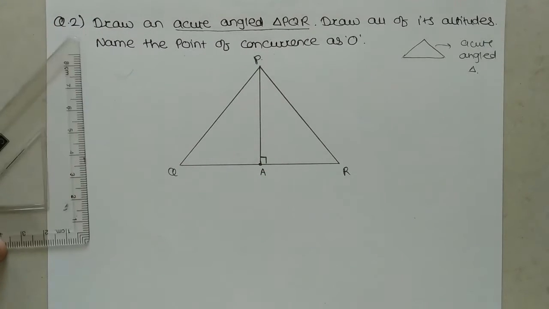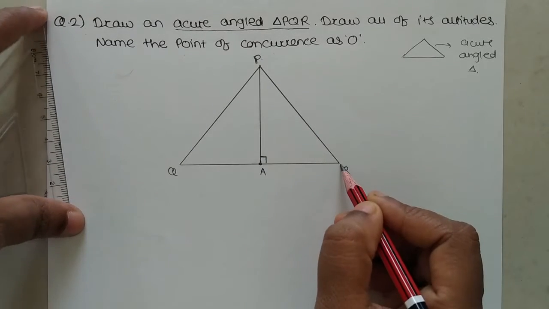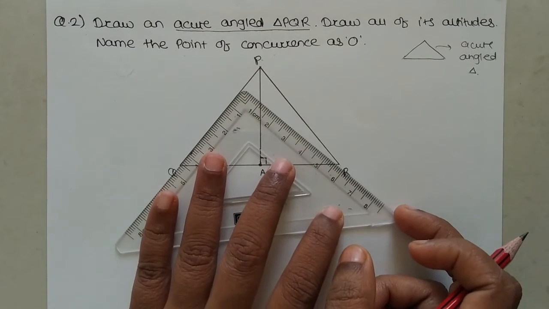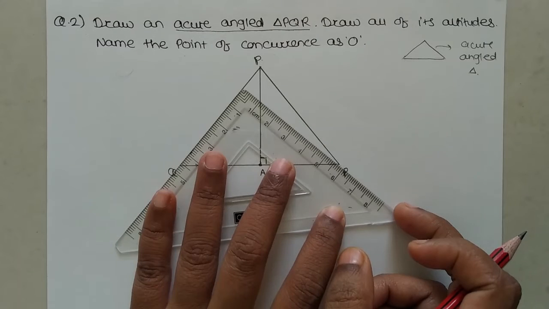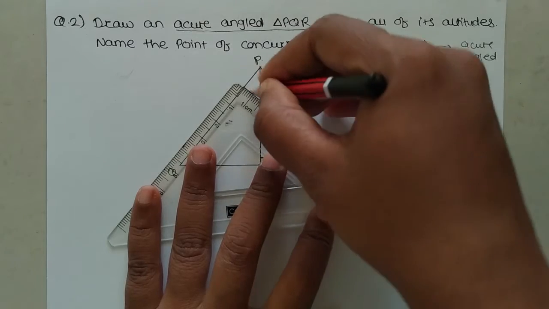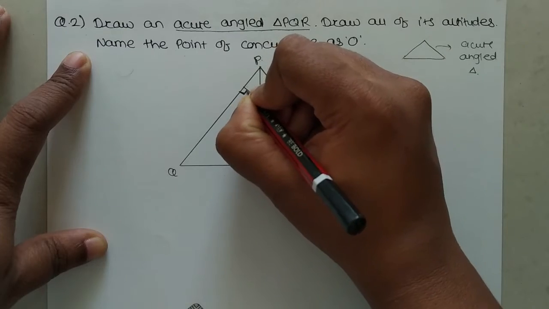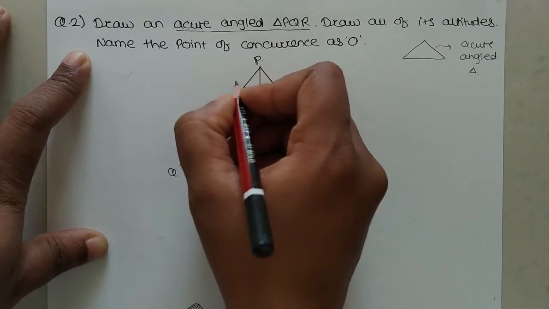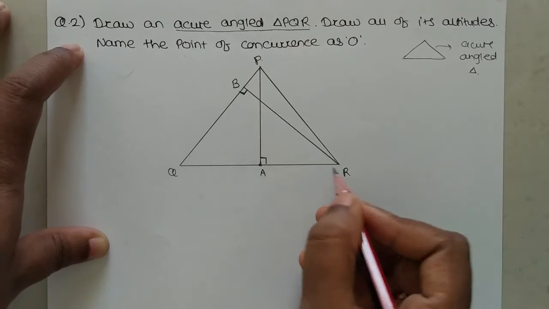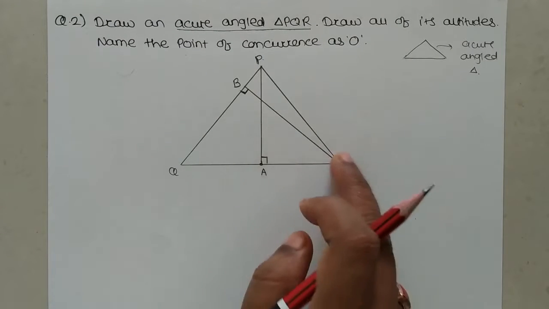Now similarly, we have to draw for this one. The opposite side of R is PQ. So put the set square like this and draw the line. This is the perpendicular line to PQ, and this is named B. Clear? Now similarly, we draw for this vertex. The opposite side of this vertex is PR.